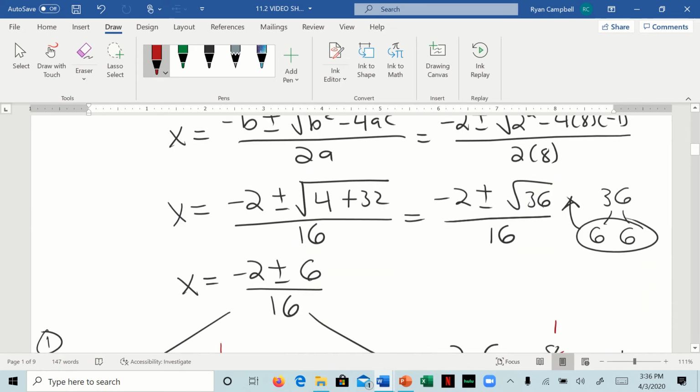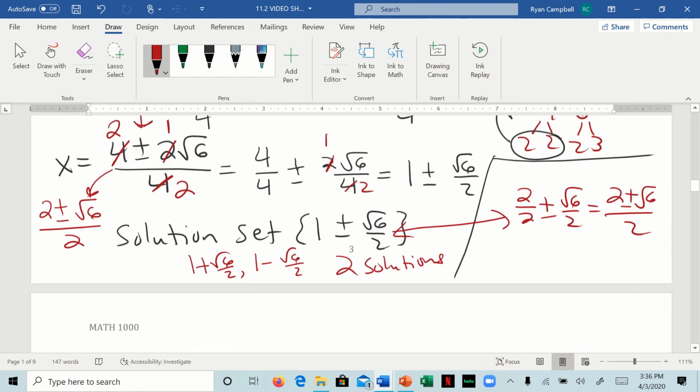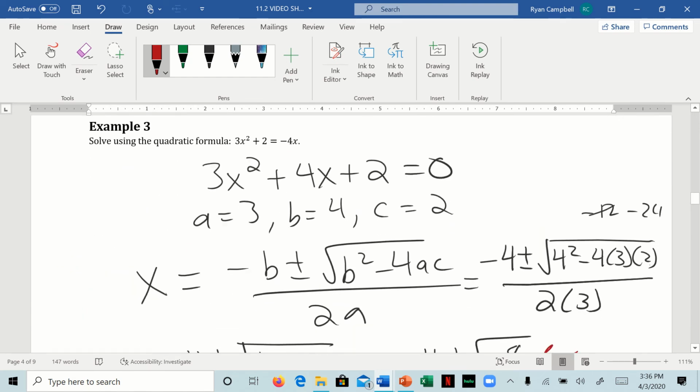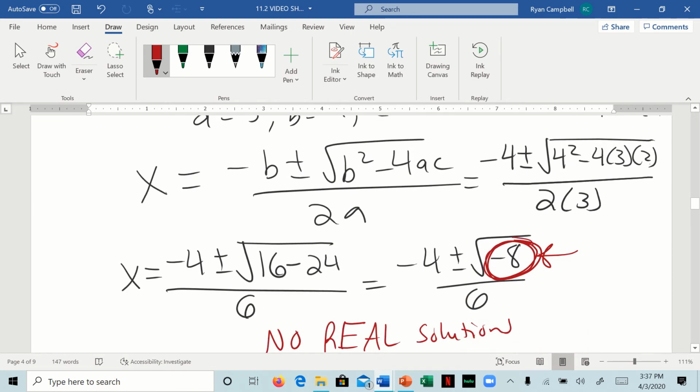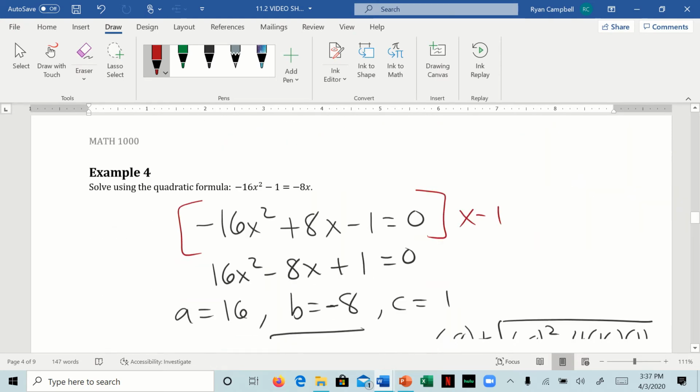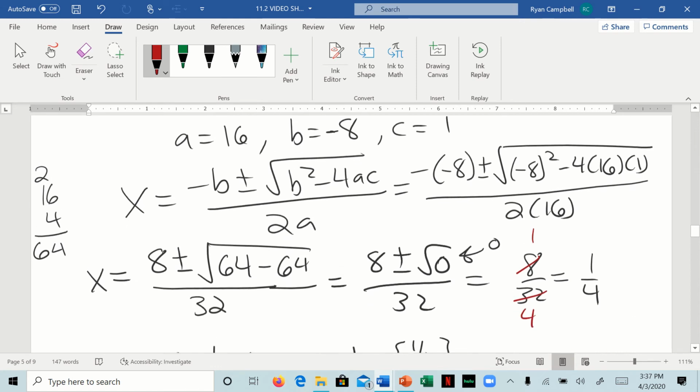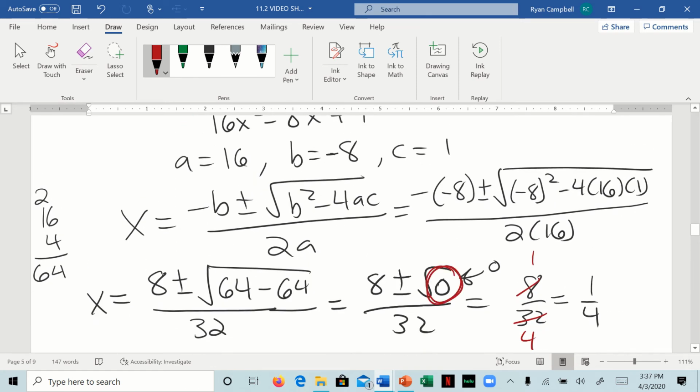So maybe let's start with when do we have 0 solutions? Let's go to example number 3. How did we know that we ended up with 0 solutions? Well, it's because what was inside the square root was negative, so this didn't work, and we ended up with no solutions. What about when we had 1 solution? Well, inside we had 0, and that just canceled things out.